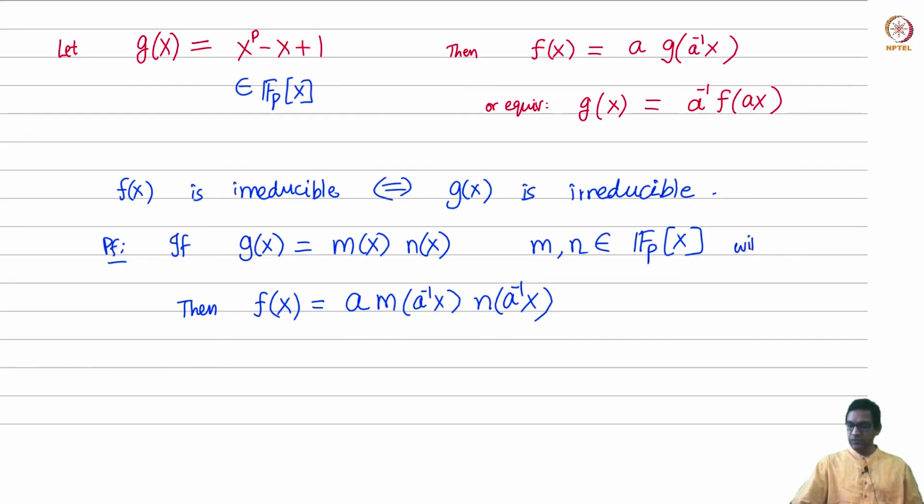Okay, so let me assume that m and n, let's say the degree of m and the degree of n, are both strictly smaller than the degree of g. So the degree of m is smaller than the degree of g.